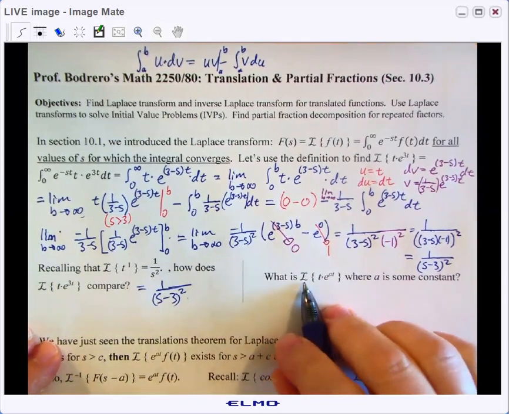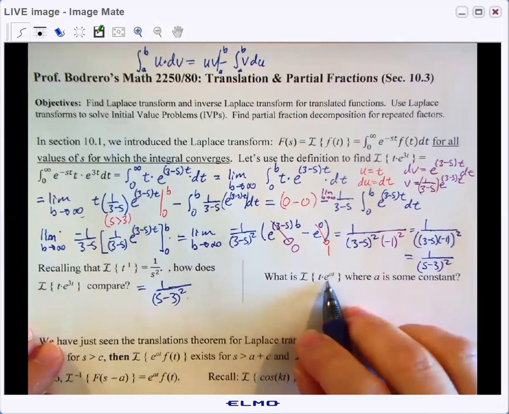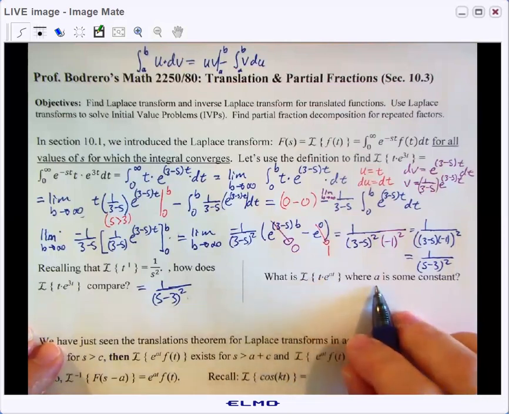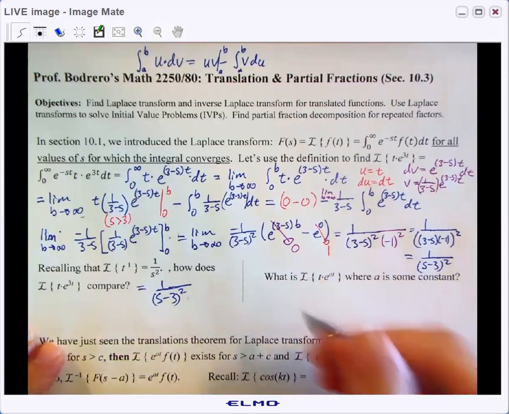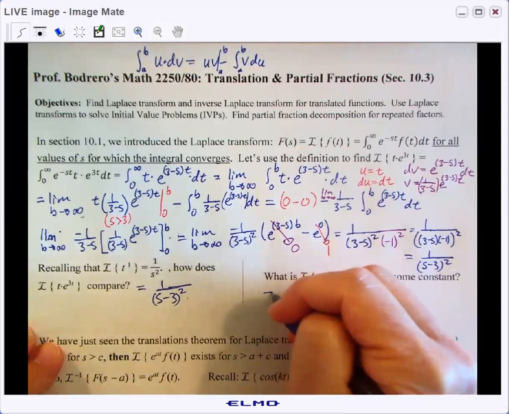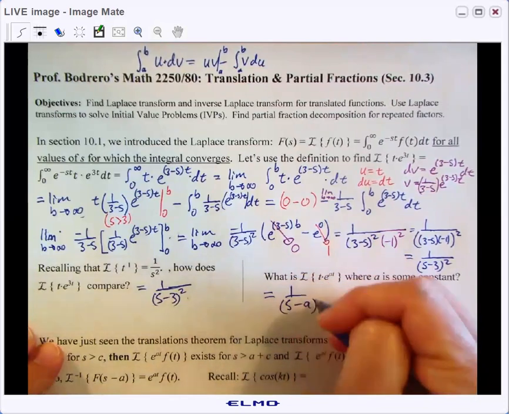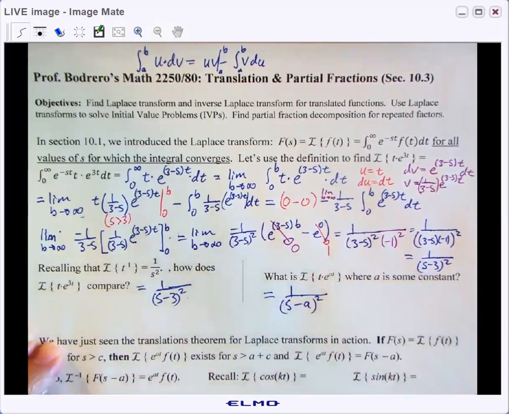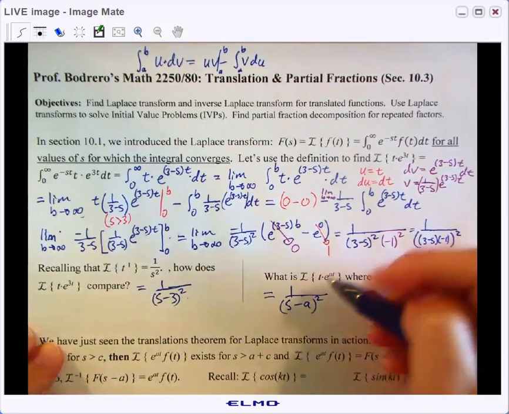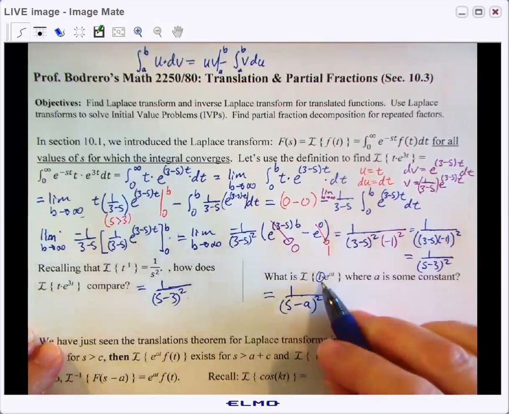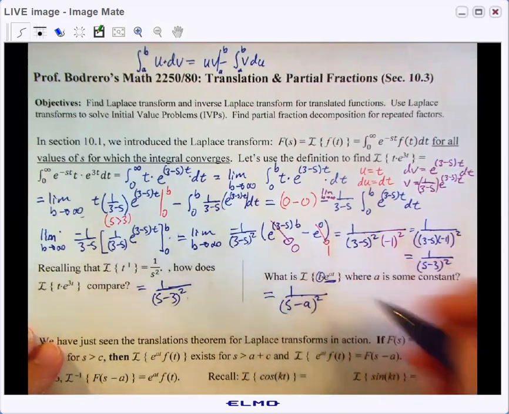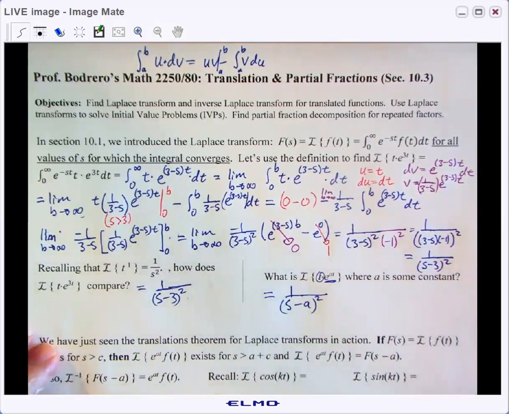Well, the Laplace transform of t times e to the at, where a is any constant, will be 1 over (s minus a) squared. So we just do the Laplace transform of t, and then this just does a translation or shift. Okay, let's stop there and pick up in the next video.